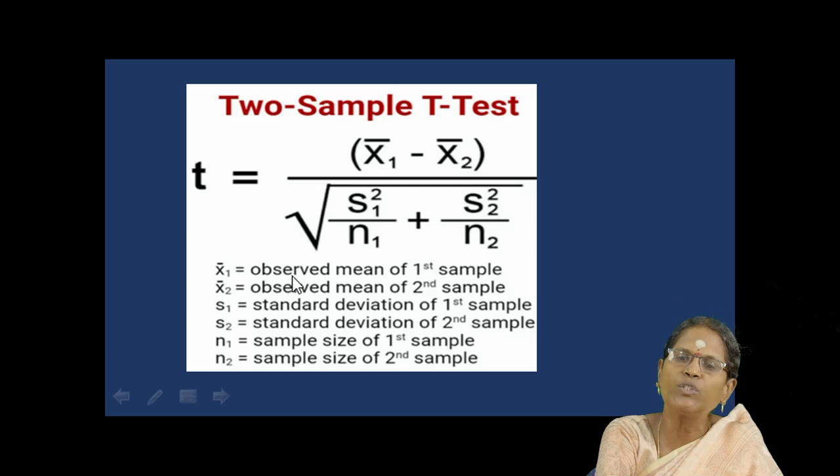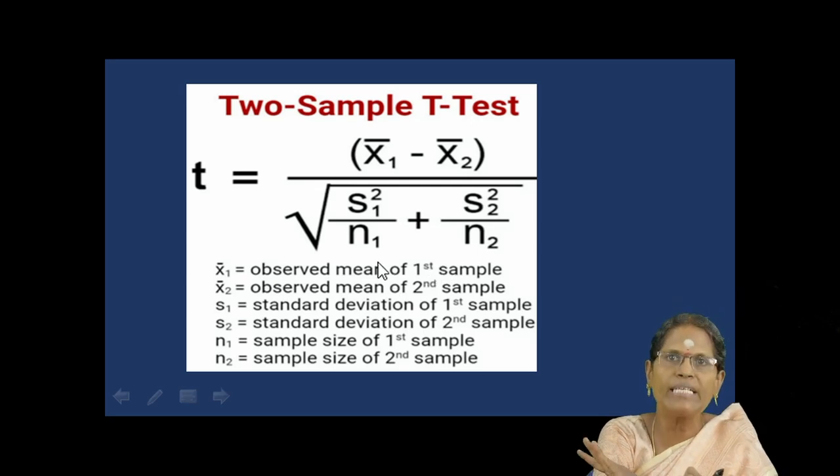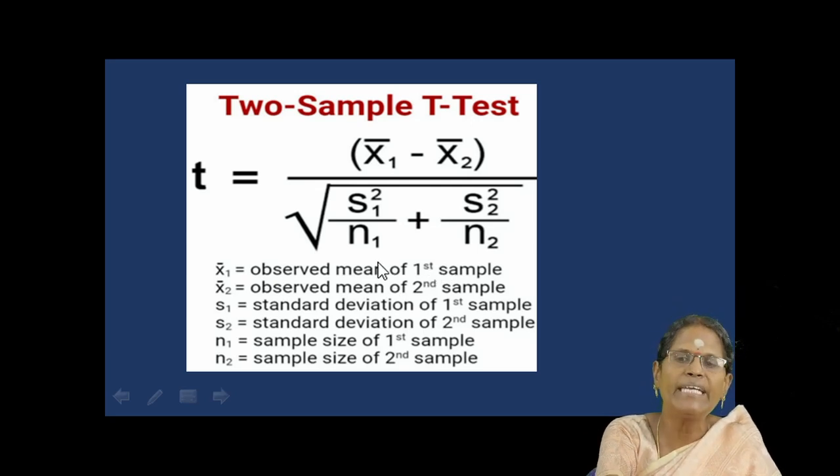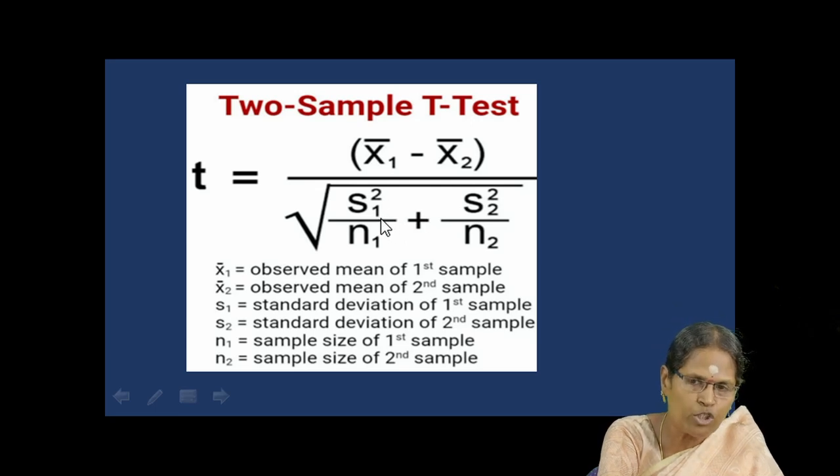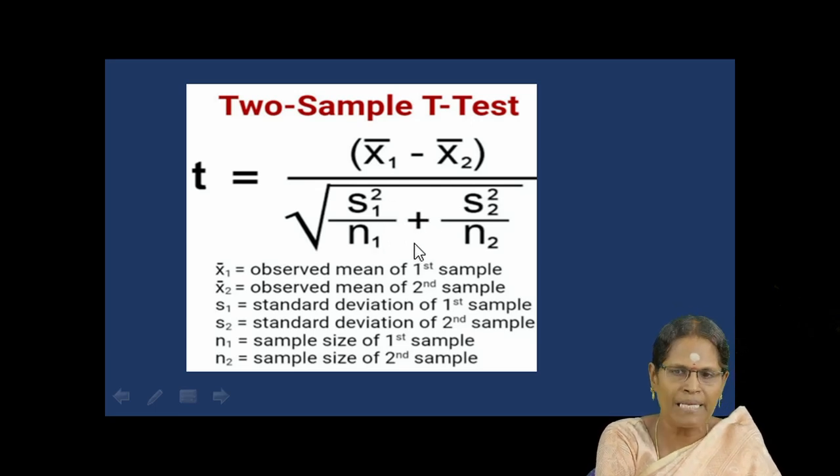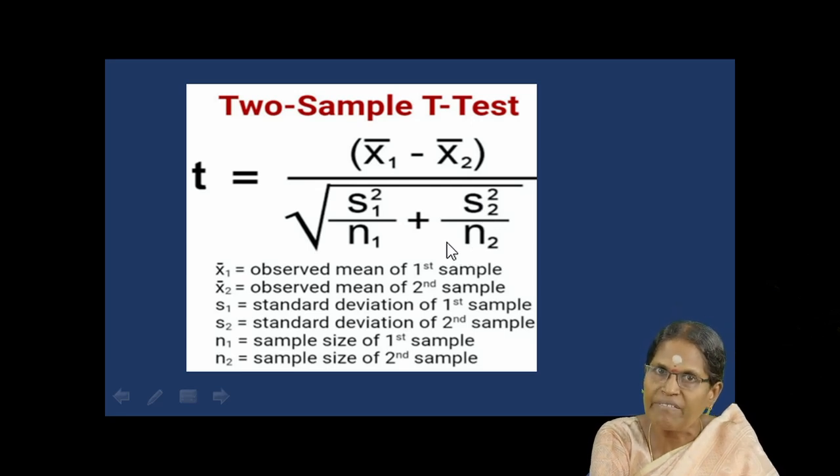So here the two samples are not the same sample. They are independent. So here we apply the formula T is equal to X bar 1 minus X bar 2 divided by root of S1 squared by N1 plus S2 squared by N2, where S is the standard deviation, to find out the T value.